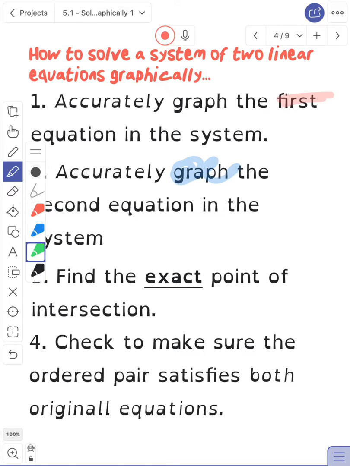And then we just want to see the exact point of intersection. And as always, when we're done with that, we should check our answer to make sure that we are right. So this would be our general idea when we are solving a system of linear equations graphically. Graph them both, see where they touch, and then check our answer.